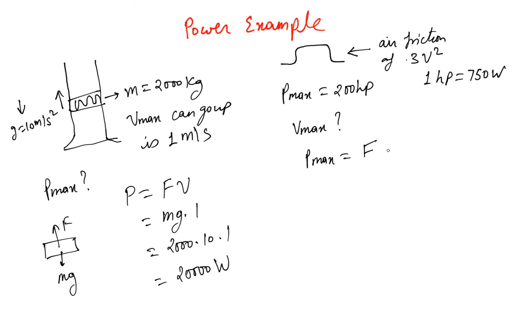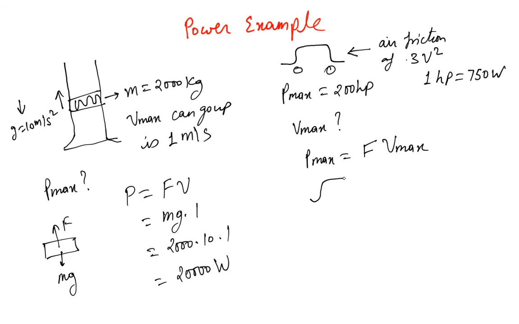We really don't know whether this is the maximum force or not. We certainly know the car is putting the maximum power when it's trying to move the vehicle with the maximum velocity, right? But what is F?